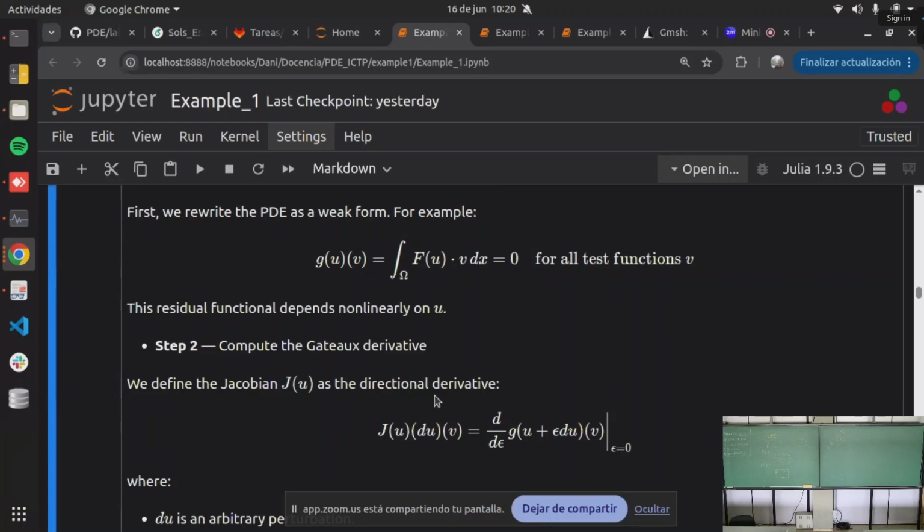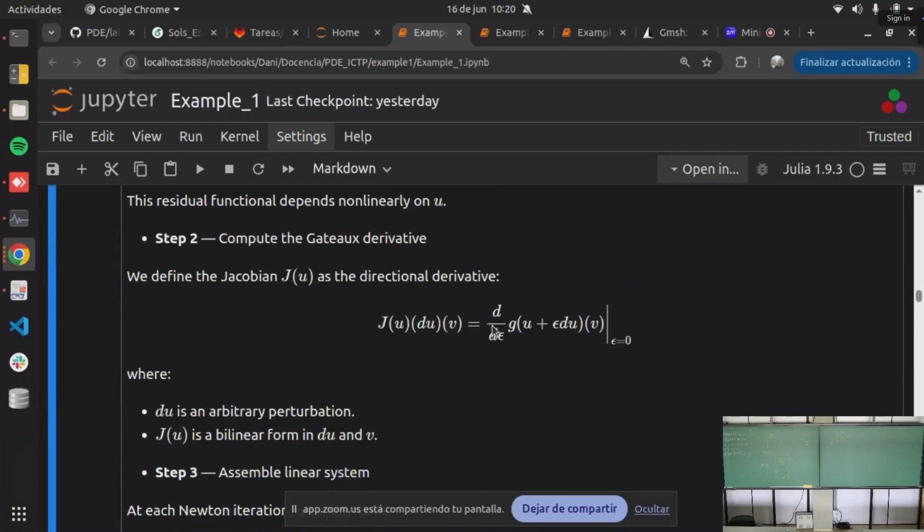The next step is to compute the Jacobian in this way, where this is the weak equation. The important part is that the Jacobian must be bilinear in both entries.